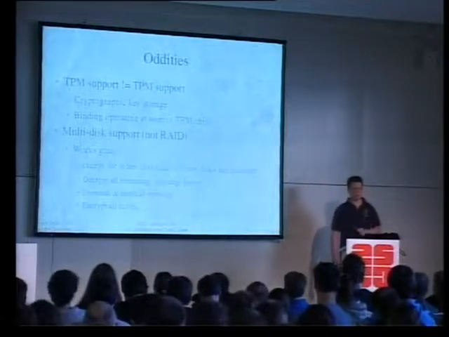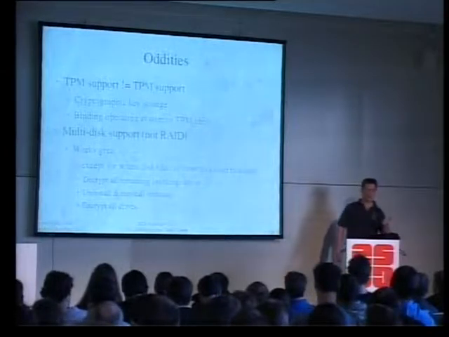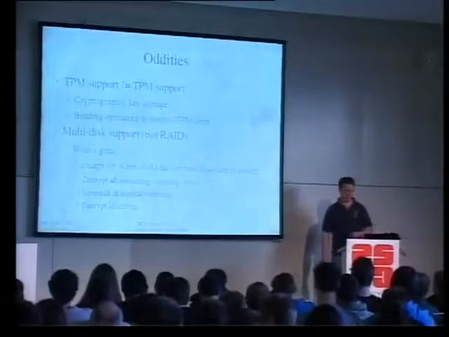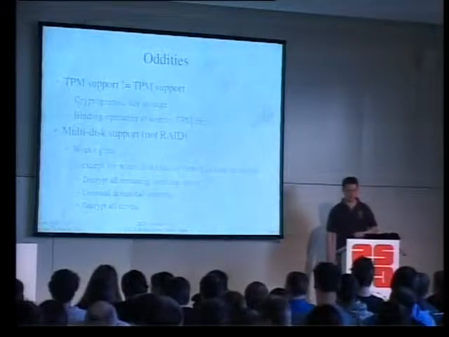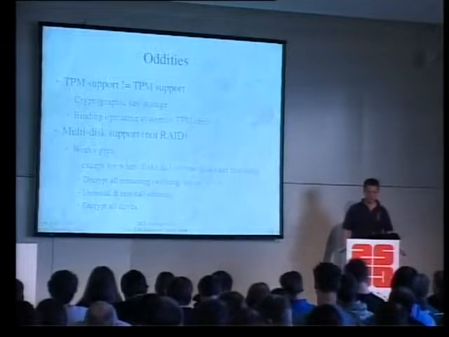And when such a failure occurs, all the products have to be deinstalled, which means decrypting your encrypted system, which means removing the software, which means reinstalling, which means re-encrypting all drives. And that's just a major flaw when you look at 20,000 systems that have multiple disks, and you want to install a full disk encryption software on there.